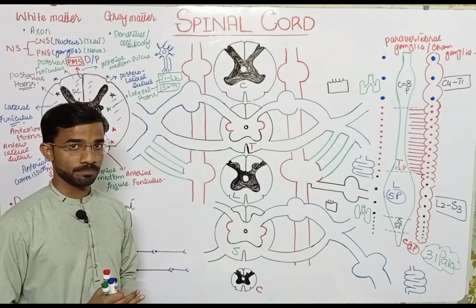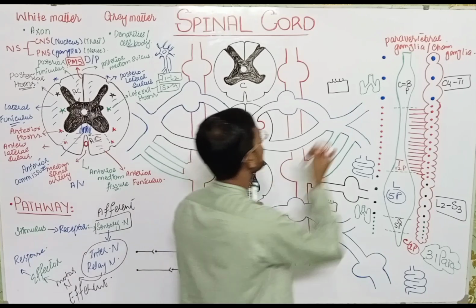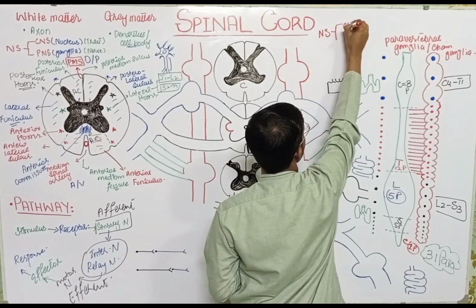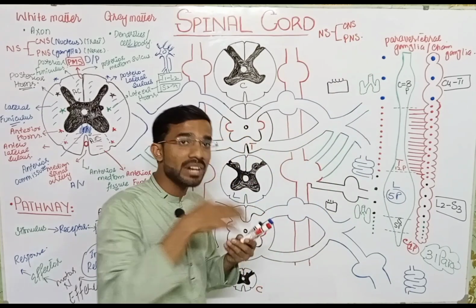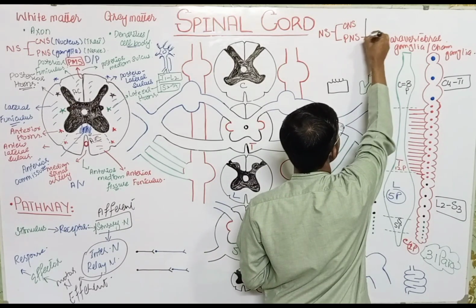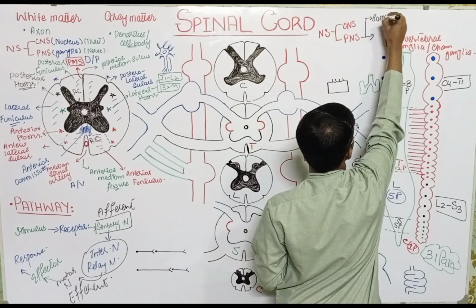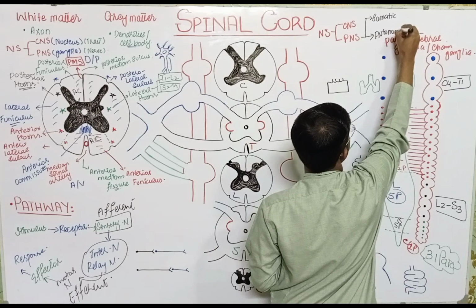If we recall the nervous system, it is divided into two: the central nervous system and the peripheral nervous system. The peripheral nervous system is further divided into two: the somatic nervous system and the autonomic nervous system.